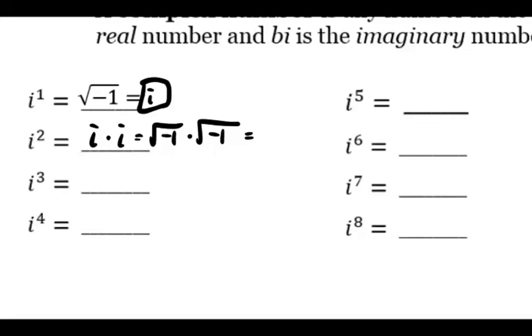So what about the square root of 9 times the square root of 9? 3 times 3, which is the same thing as 9. So what's the rule when we're multiplying square roots? It's the same number, just the square root goes away. So what is this going to equal over here? Negative 1.